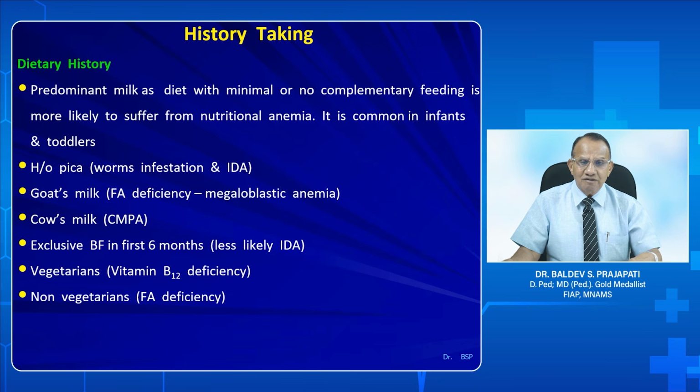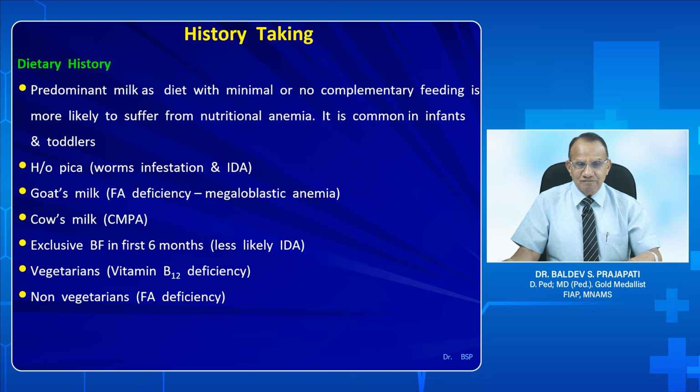History of pica may lead to worms and iron deficiency anemia. Goat's milk may cause megaloblastic anemia due to folic acid deficiency. Cow's milk may cause protein allergy and be responsible for blood loss also.